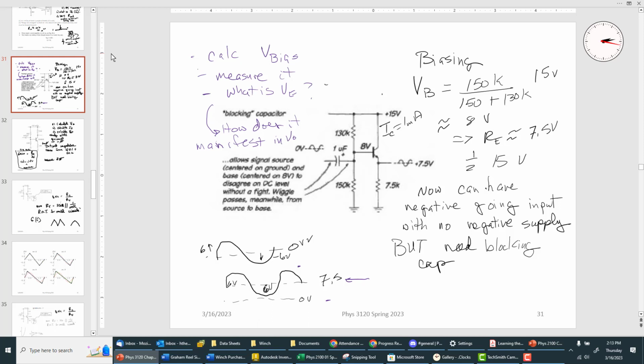VE has to be a little bit lower than V base. And well, more than a little. VCE is a few tenths. VBE is several tenths, like 0.4 to 0.6. In fact, that's tenths of a volt. And of course, how close to 0 is basically how far negative of an input and how far positive of an input can you reproduce?